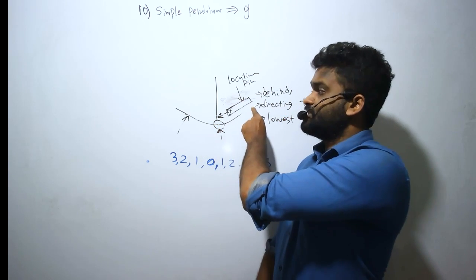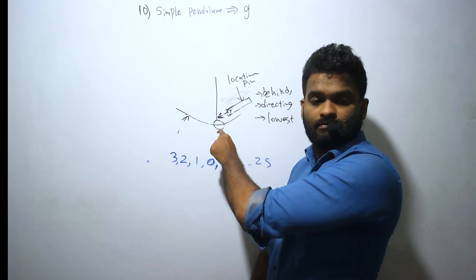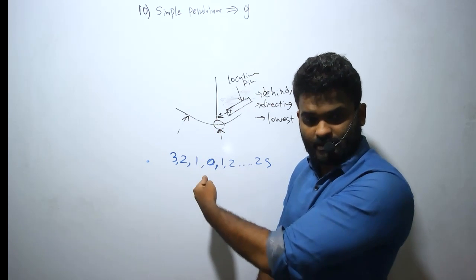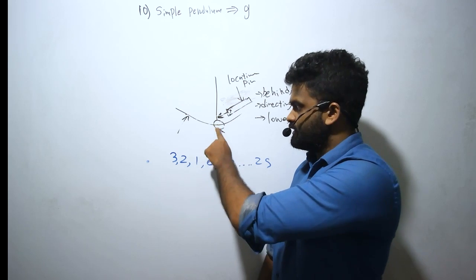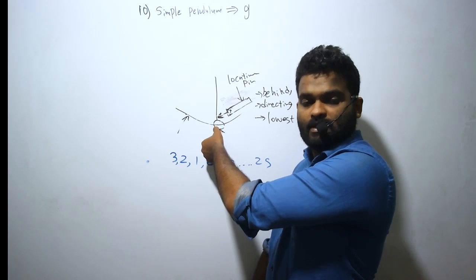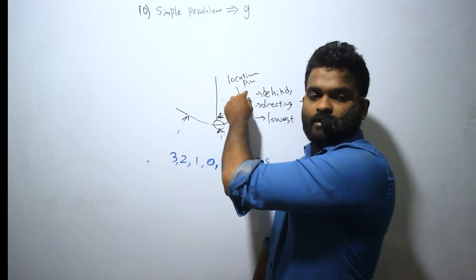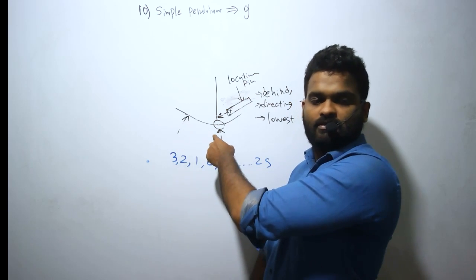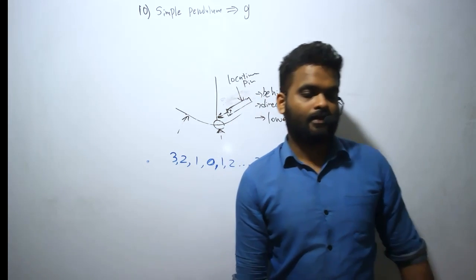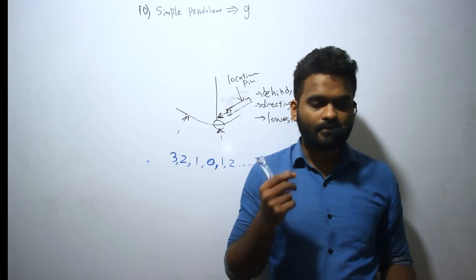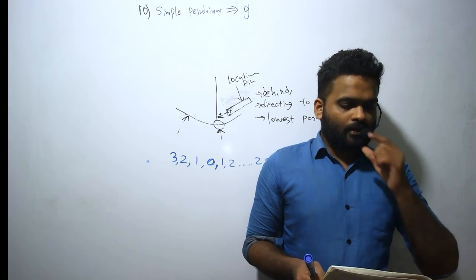Because for one oscillation, you have to count the time. Time starts from 0. Understood? At 0, you start the clock, then 1, 2, 3, 4, up to 25. Okay? Right.